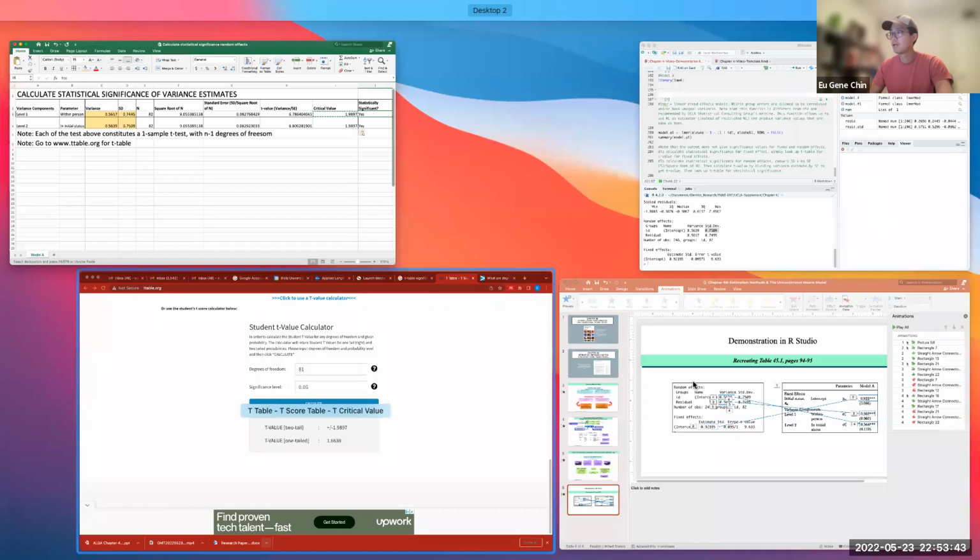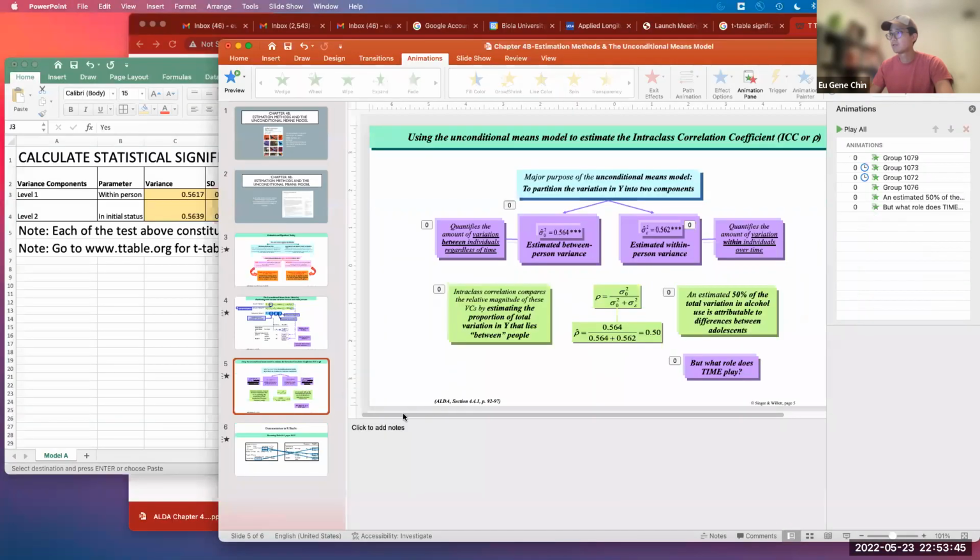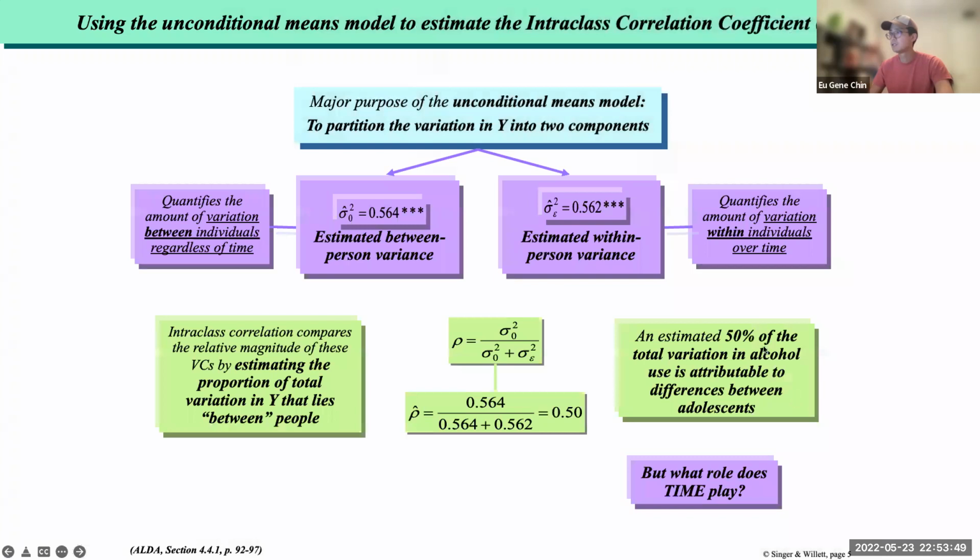And if you look at the intraclass correlation right here, because the intraclass correlation is 50%, you would probably benefit from fitting a between group type of predictor, as well as a within person type of predictor as well.